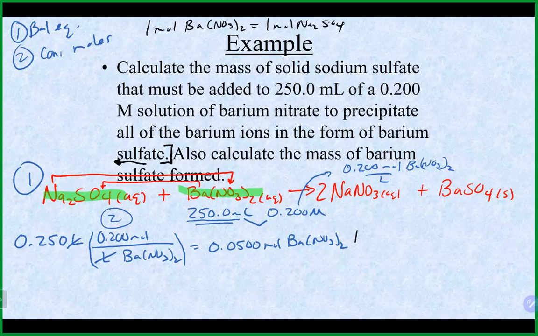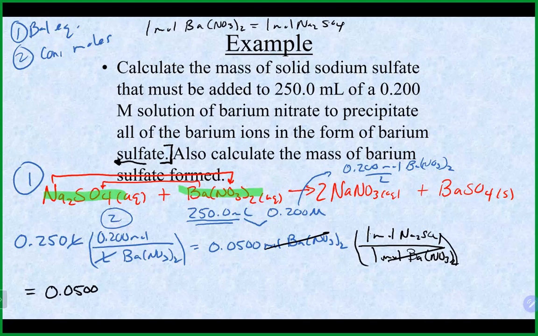So that would be our next step here. We're going to do the mole-to-mole relationship, which is the stoichiometry part. That takes care of our barium nitrate to our sodium sulfate here. Moles will cancel. That's still the same number, 0.05 moles of sodium sulfate in this case. And that is our mole-to-mole relationship.